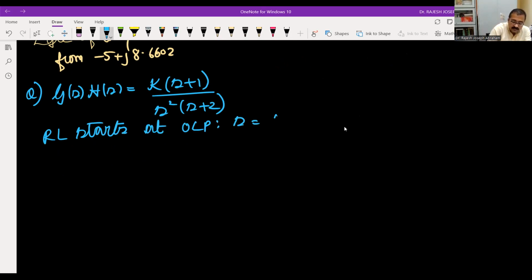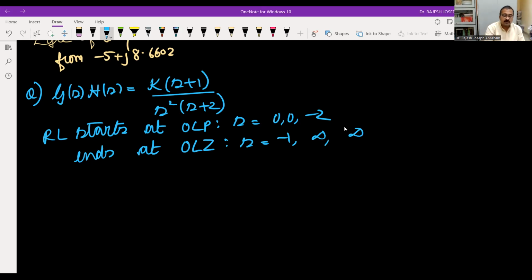Which are they? 0, 0, minus 2. Root locus ends at open loop zeros. Which are they? Minus 1, infinity, infinity, because we have only one finite zero. Since there are three finite poles, there should be 3 zeros as well, out of which we have one finite zero and the remaining 2 are at infinity.